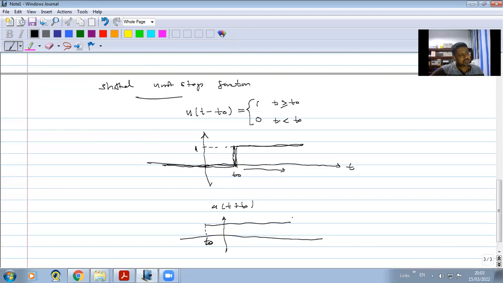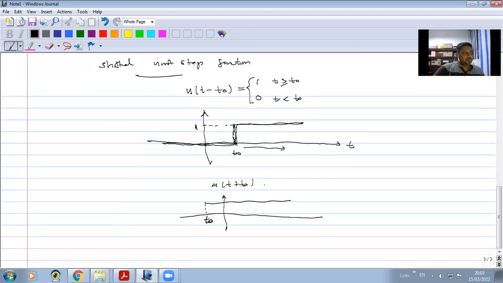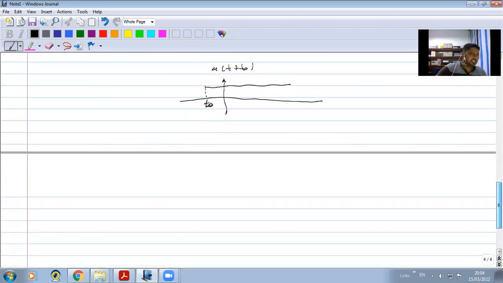Under variable transformation, we are going to learn much more about these things. But at this time, please remember these signal types. I will give one example.